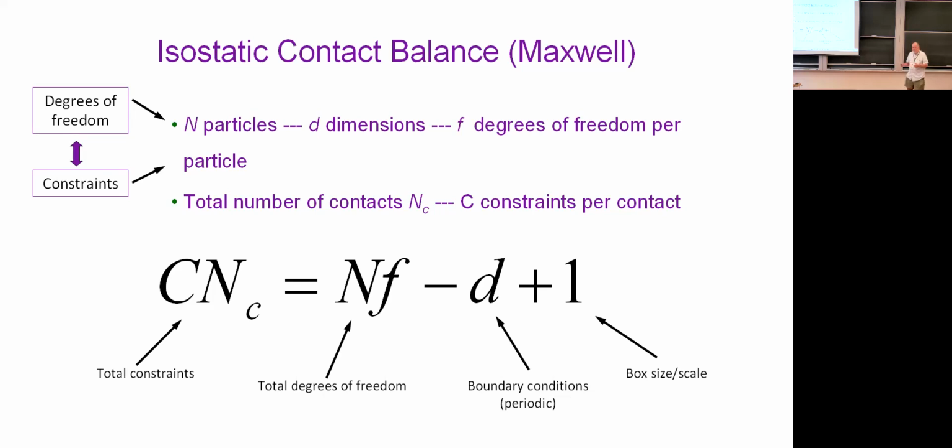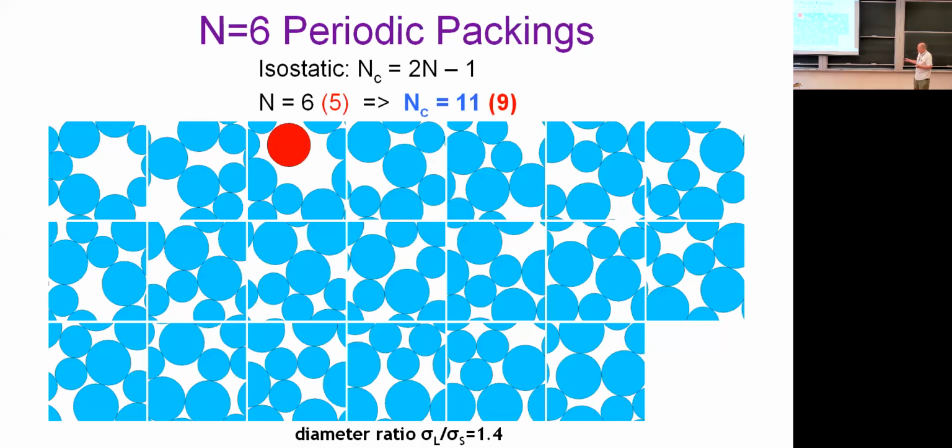And then you have 1, because we're jamming these, so we also have to grow them. So the diameter of the particle is a degree of freedom. You could just think of that as being in the degrees of freedom, but we usually break it out because it depends on the way we jam it. So if you do this calculation for 6 particles in periodic dimensions, you get that the number of contacts you need is 11.